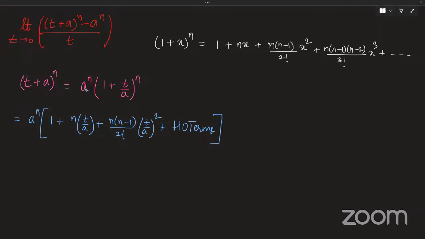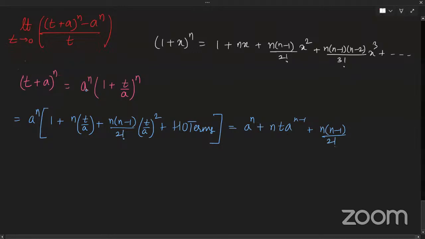So I can substitute it over here. I'll open the brackets up. So it is a raised to n plus n into t into a raised to n minus 1 plus n into n minus 1 by 2 factorial t square a raised to n minus 2 and higher order terms.